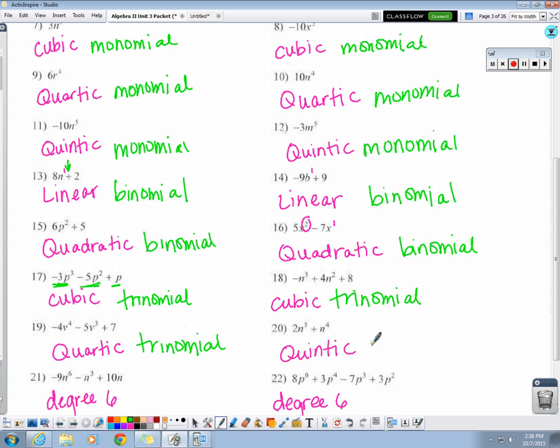What about number 20? Binomial. Okay, 21. Trinomial. What about 22?